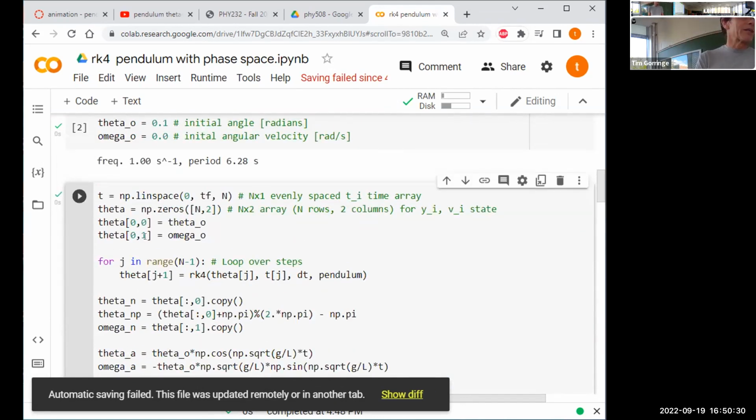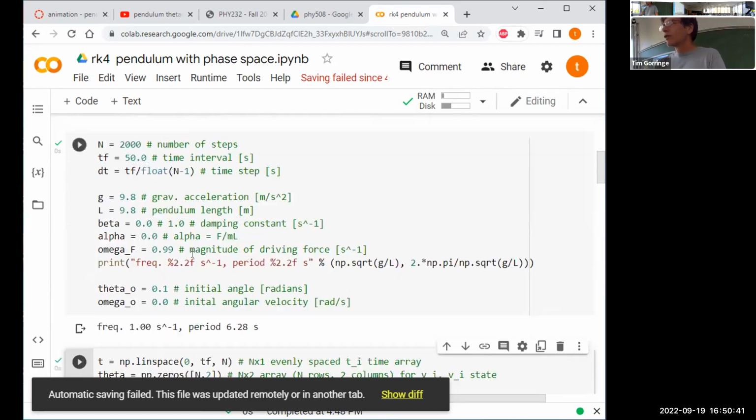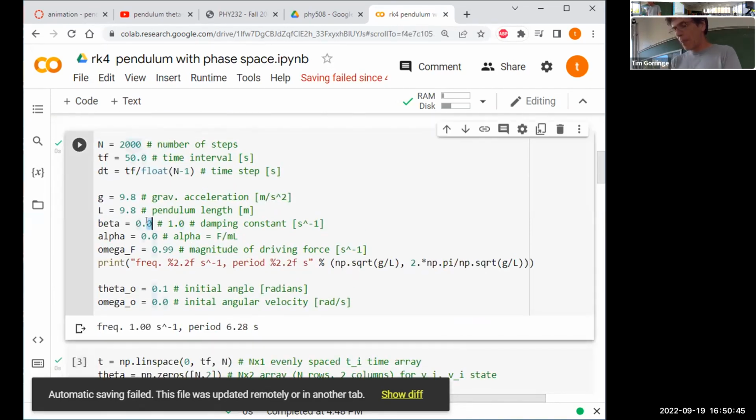So I want to look at damping now, and we can see what damping looks like on a phase space diagram. I'm going to go back upstairs here, switch on damping, and go through these 3 cases of underdamped, critically damped, and overdamped.